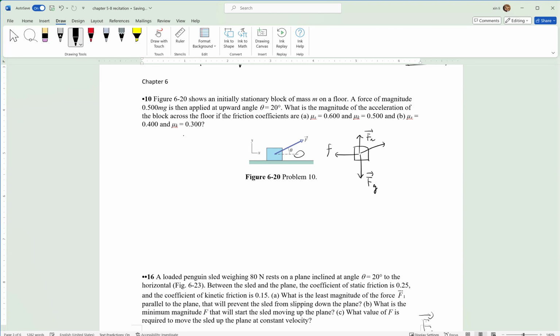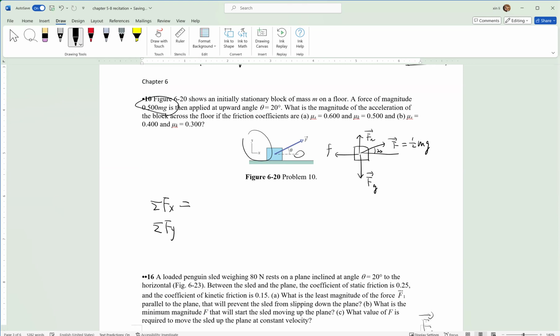You will have this F here at 20 degrees, and this is 1/2 mg because it's 0.5 mg. Once you get this, you already have the xy coordinates, so you are going to get your net force along the x direction and the net force along the y direction.